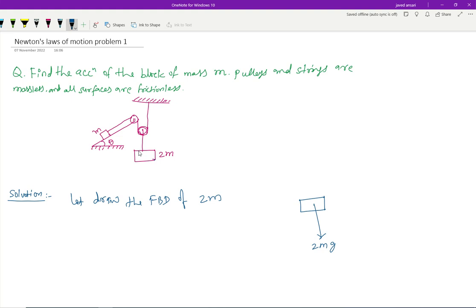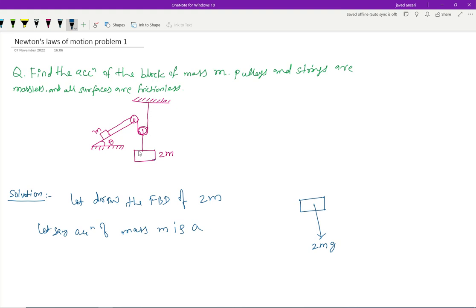Let's assume acceleration is a, right? Let's say the acceleration of mass m, the smaller one, is a. So what will be the acceleration of this bigger one? If you observe carefully, you will see that there are two ends to this pulley, right?